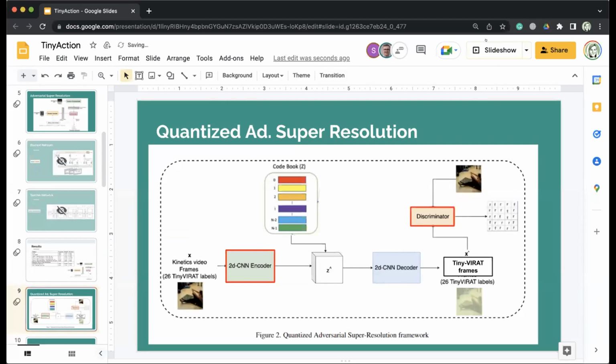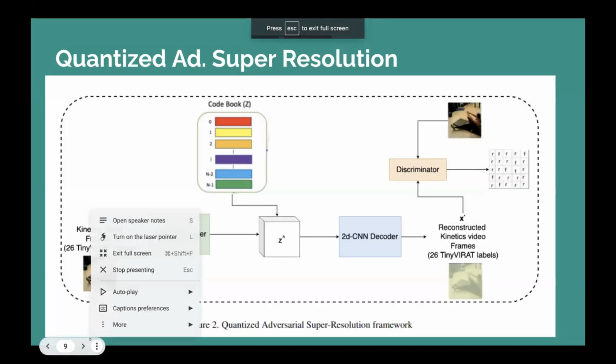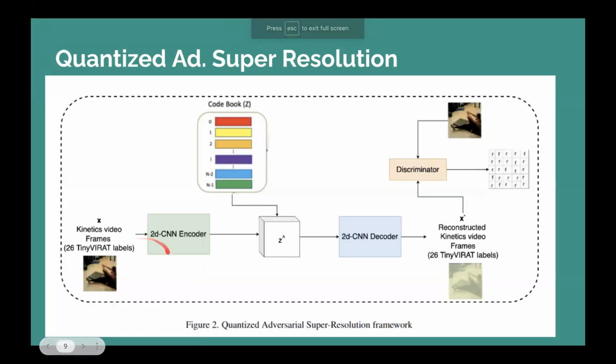So we start off with a Kinetics data set, and this framework is inspired by the VQ-GAN architecture. We convert Kinetics videos to frames, and we only choose those video samples which have action labels like those of Tiny VIRAT.